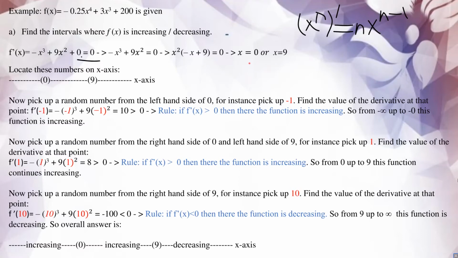What is this number, -x cubed? Well, it means x cubed: multiply x with itself 3 times. Plus 9 times x squared, which means multiply x with itself 2 times. And those are the only things I have on the left-hand side of this equation.